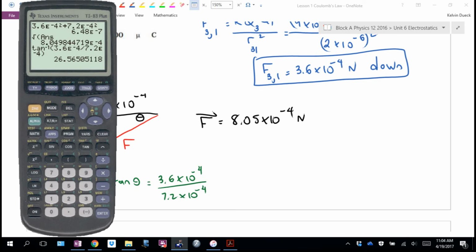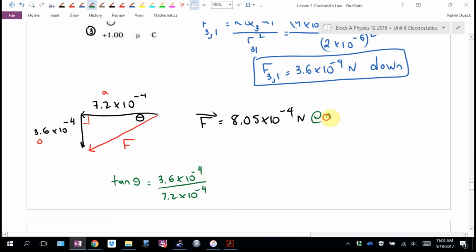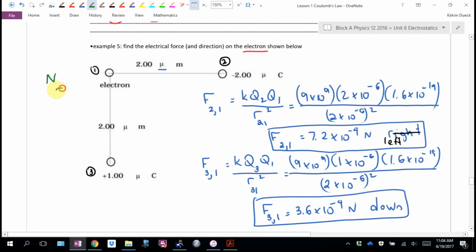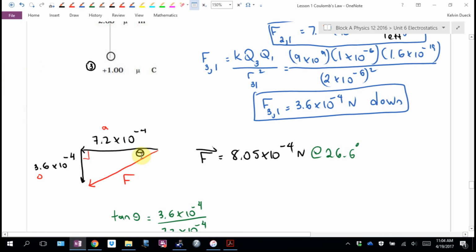Yeah. You know what? Let's throw a little compass rose on here. North, east, south, west. So that theta right there, north of south, east of west, what of what? Southwest. Okay.